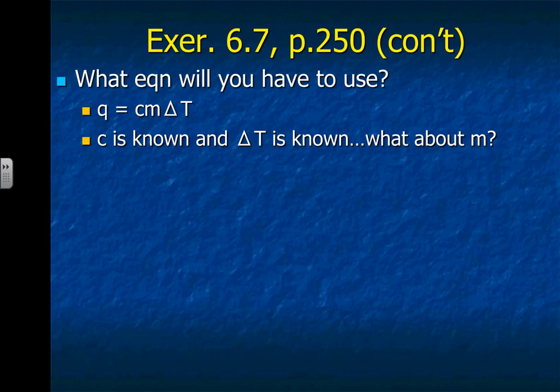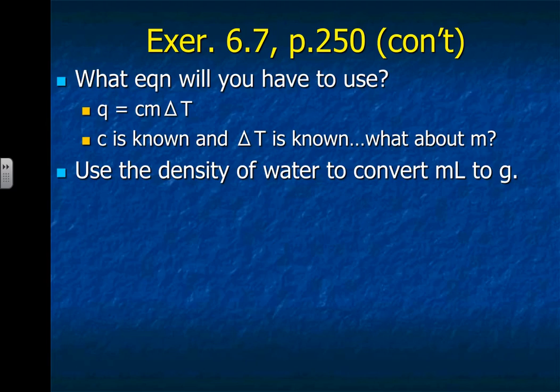We had volume. But wait. We have something else. And this is the other thing that it mentioned. The density of the final solution is that of water. Use the density of water to convert milliliters to grams. And again, this is possible because we're assuming that we are working with a very lowly concentrated solution, and we are assuming that we have really just mostly water.